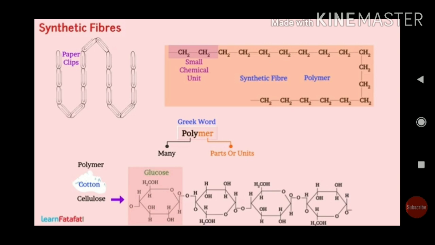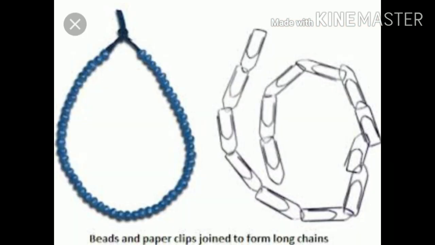You have a bead necklace. It's like this. There are a number of beads, and these beads are connected to each other and form a perfect chain and look like a necklace.